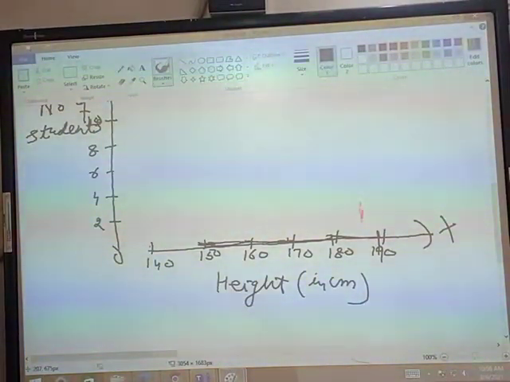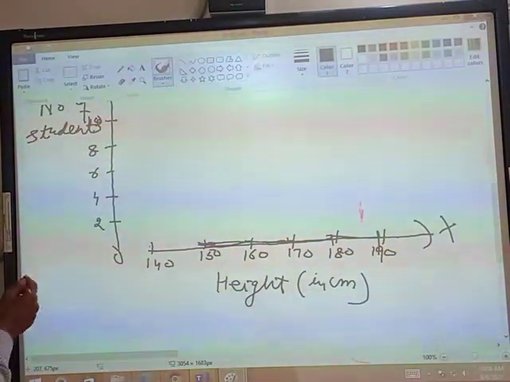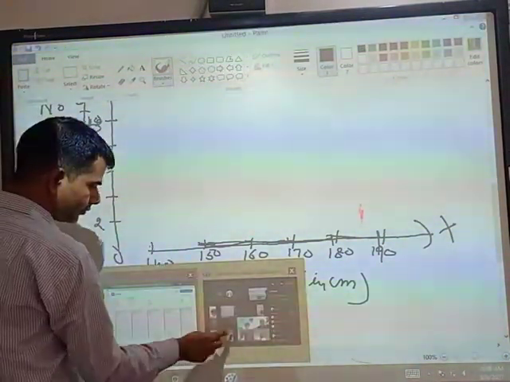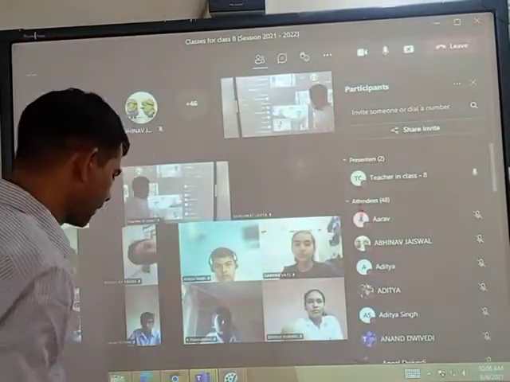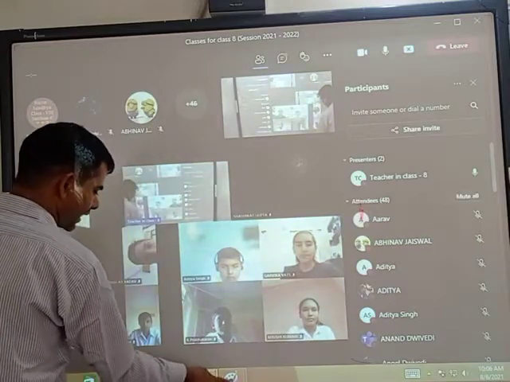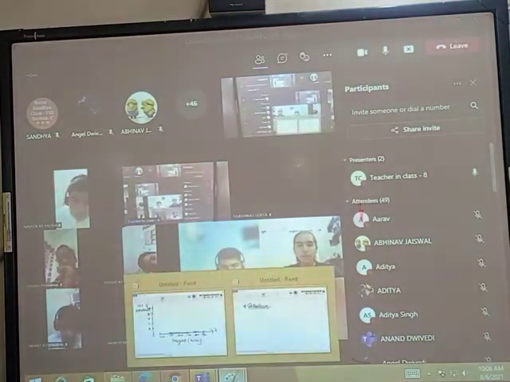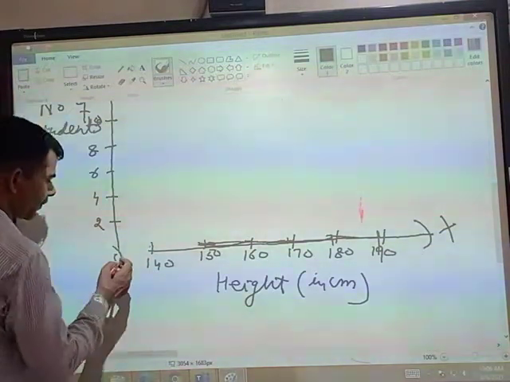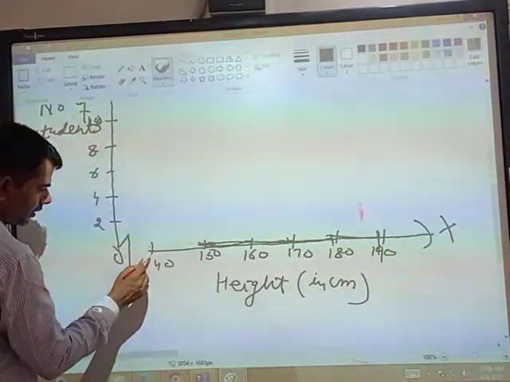But in 0 to 140 the class size is 140, so big a class size. So we will take a break from the scale.